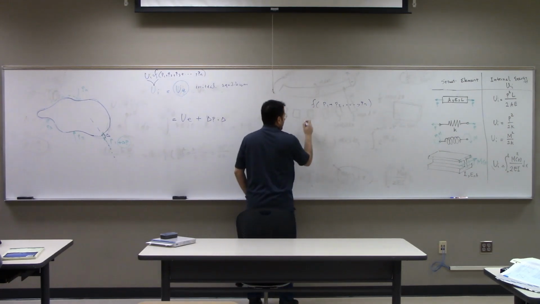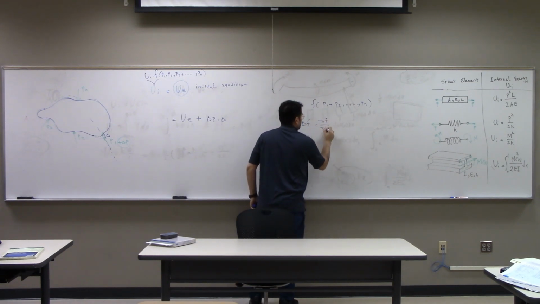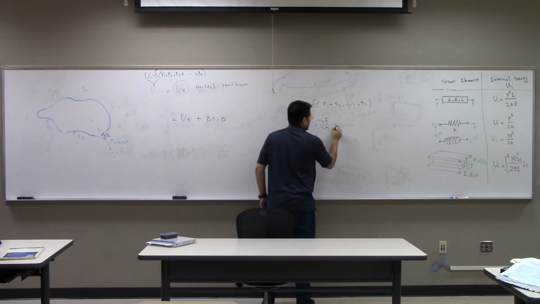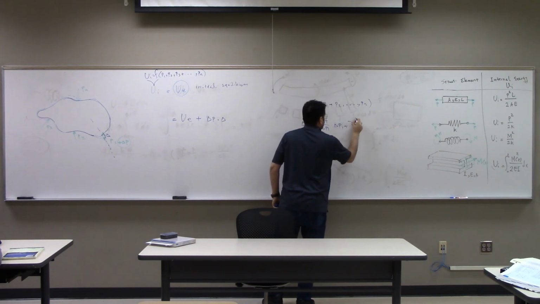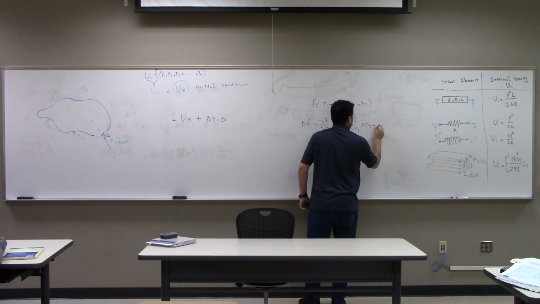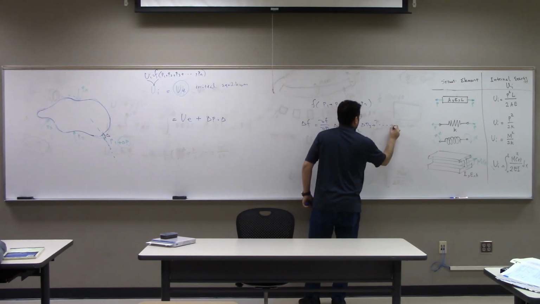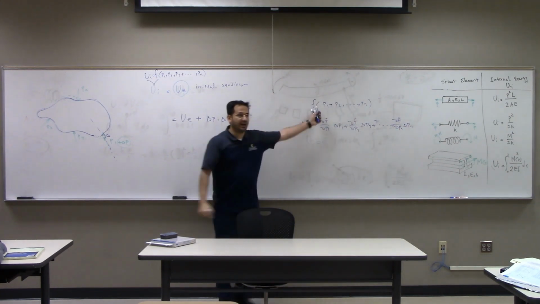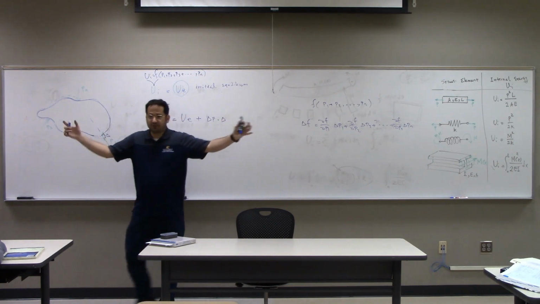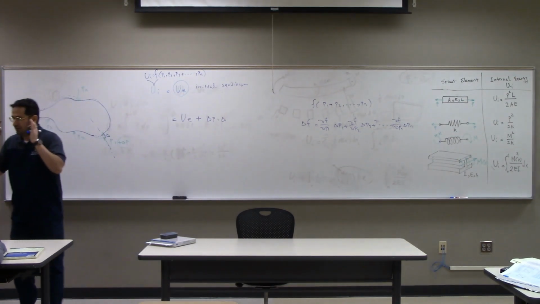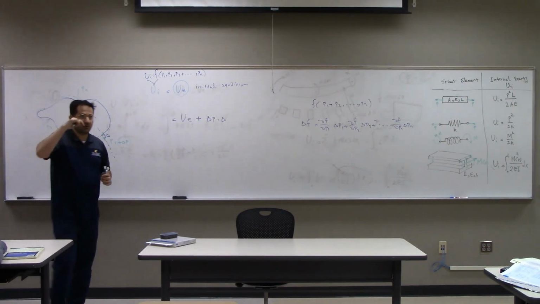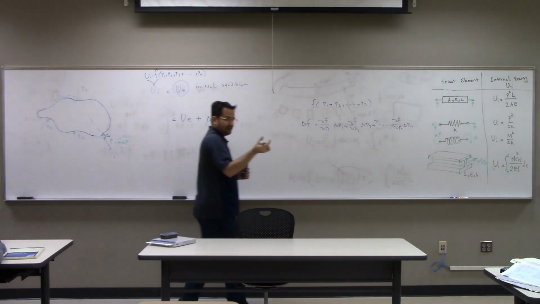The differential of F is partial F partial P1 times delta P1, plus partial F partial P2 times delta P2, plus dot dot dot, plus partial F partial Pn times delta Pn. This is what we have in calculus. The differential of a function of an arbitrary number of variables is the derivative of the function with respect to that variable times the delta in that variable.